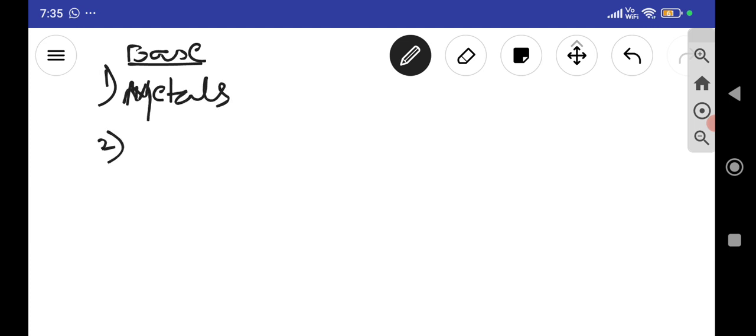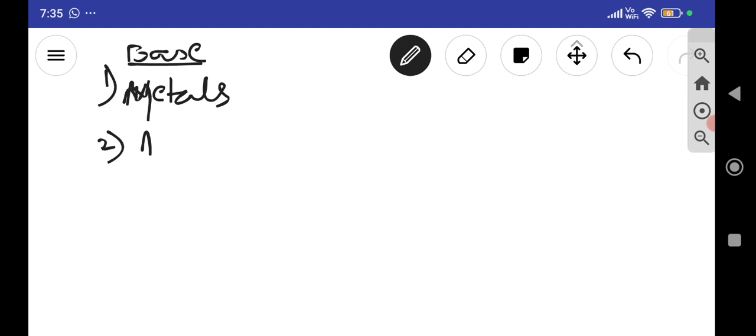acids. Now let us see the preparation of bases. So how can you synthesize a base here? Either you can take basic hydroxides. If you write the methods of preparation, the first one is from metals, we can prepare bases from metals.